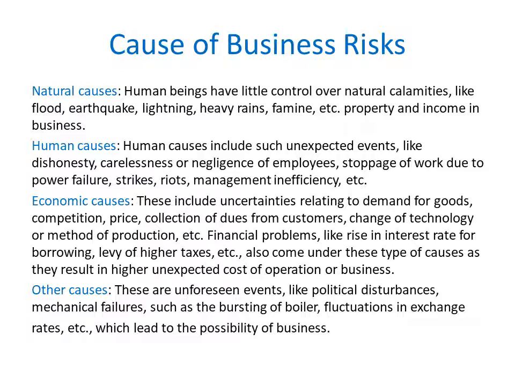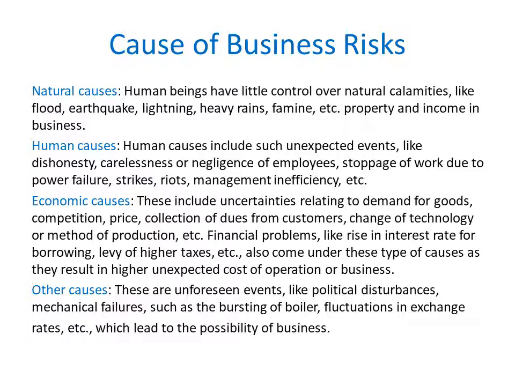Next may be human cause. Human cause includes unexpected events that no one had thought of, due to which the business may have to remain closed for one month or two months. So this is the human cause. Other human causes are dishonesty, carelessness and negligence of employees, and so on.